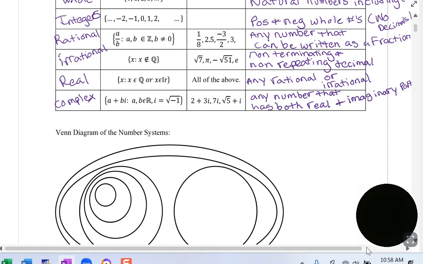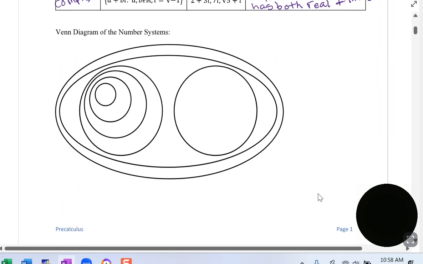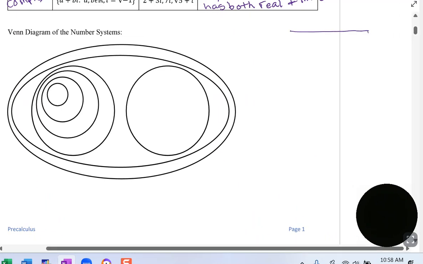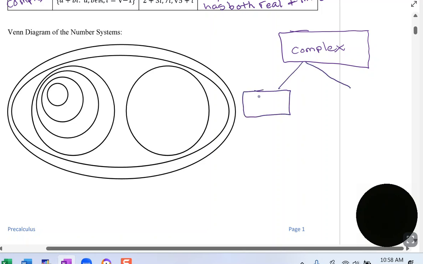If we make a diagram here, and I know there's a Venn diagram, I'm going to make more of a chart. At the top is the complex number system. Complex, you have real and you have imaginary.